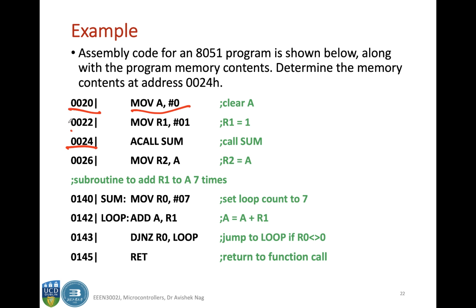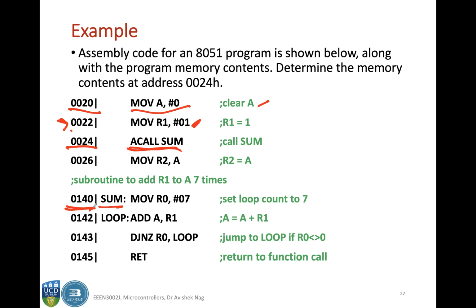Then the next line will be 0022, because starting from 0020 you have 2 bytes of this instruction. So the next line is this, which is also a 2 byte instruction. So the next line will be at 0024, and there is your ACALL instruction. Okay, and ACALL is calling this subroutine sum that is starting from 0140.